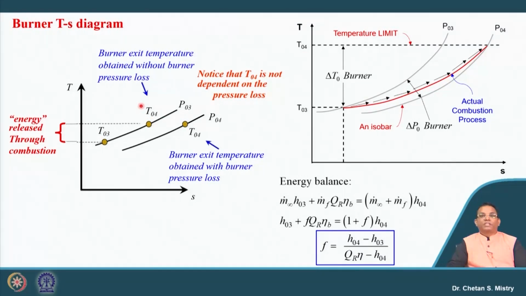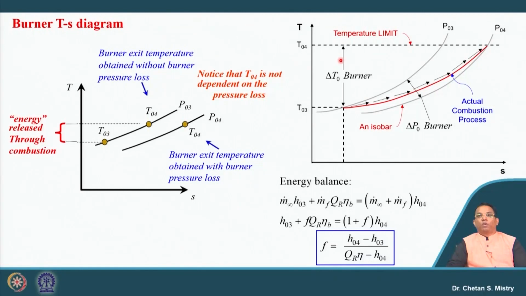The raised temperature is T04. Now, as we have discussed, in actual condition there is a drop of pressure, and this drop gives the exit pressure as P04. Here it is very interesting, you need to check that my burner exit temperature will remain the same even though we have the loss of pressure.